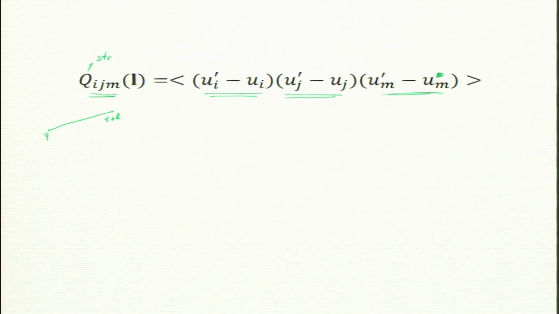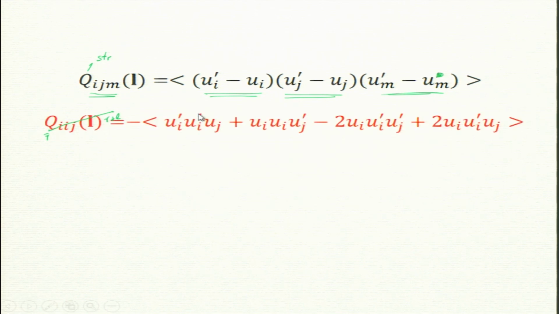Now I can expand this in terms of correlation functions. So what will I get? I get prime, prime, prime. I am not going to write it all out. So this is how the 4 terms are. How do I get this term? 2 primes and the third is not prime here, or 2 here and 1 prime.